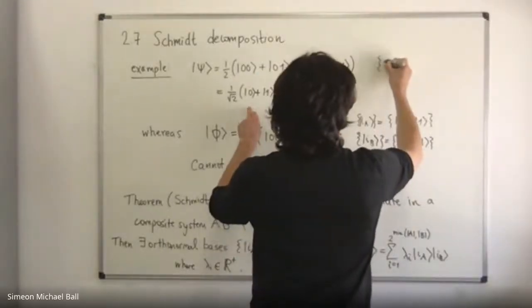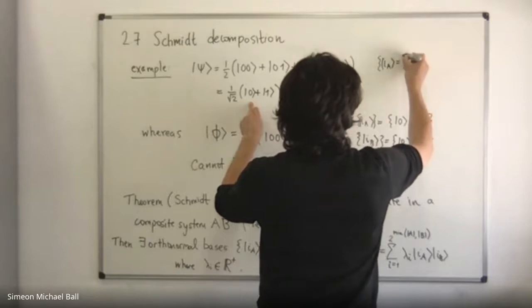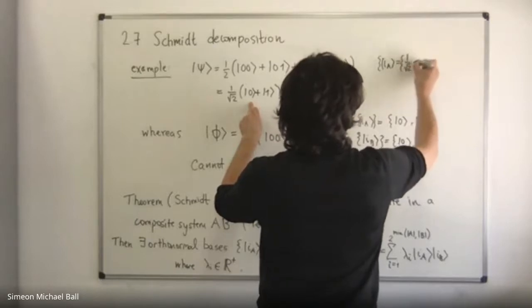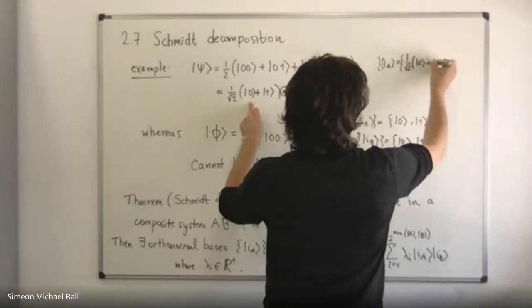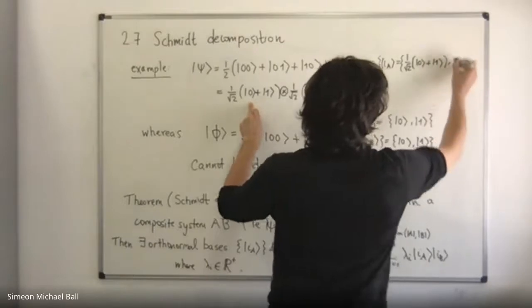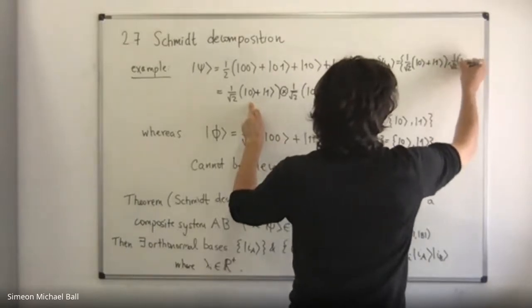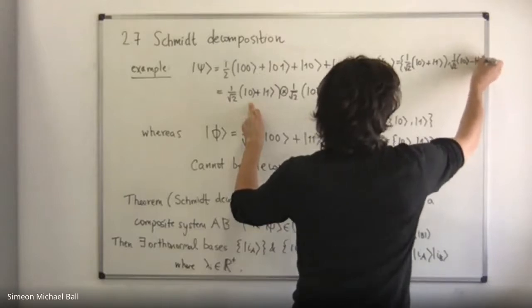And then here, this would simply be |I_A⟩ would be 1 over root 2 (|0⟩ + |1⟩), and then something that's going to be orthonormal to that. So 1 over root 2 (|0⟩ minus |1⟩). It doesn't matter here because it's not going to be in the sum anyway.